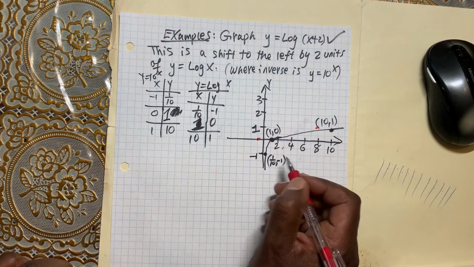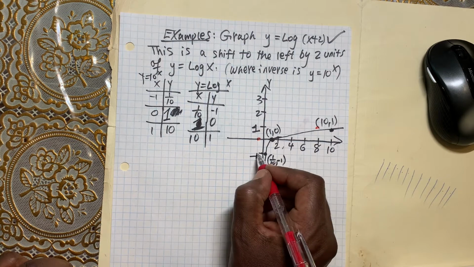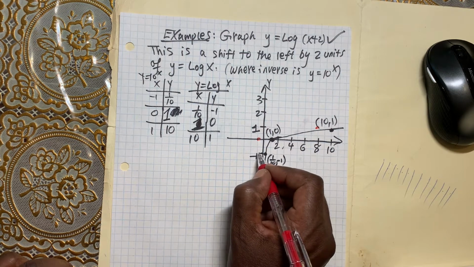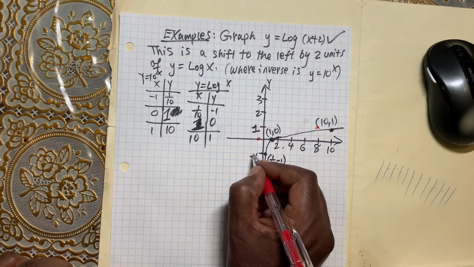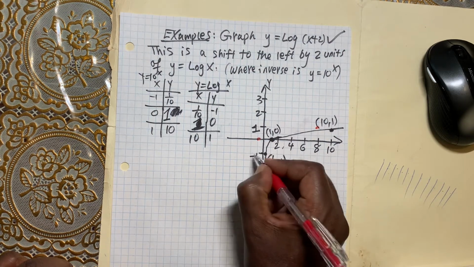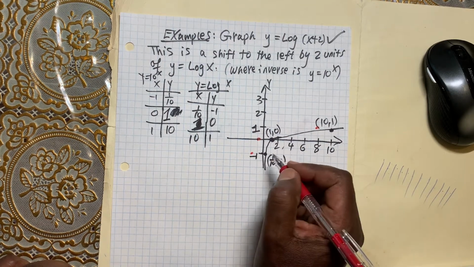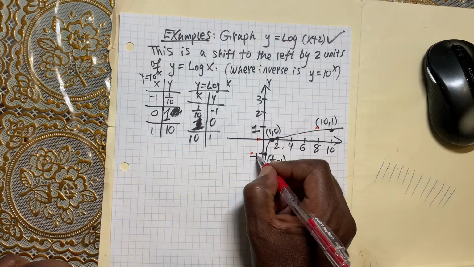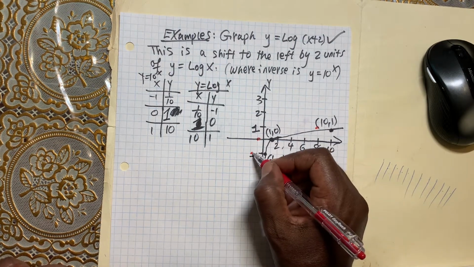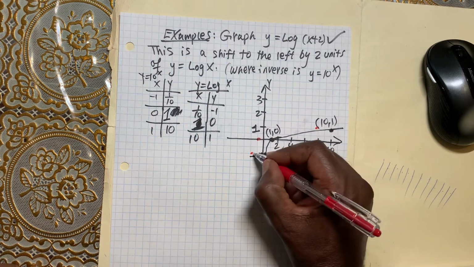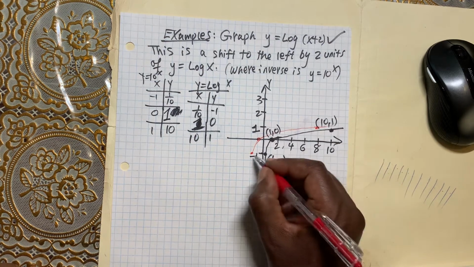The 1 over 10 goes 2 units to the left, to negative 1.9 tenths, closer to negative 2. So the graph would be this one when it moves 2 units to the left.